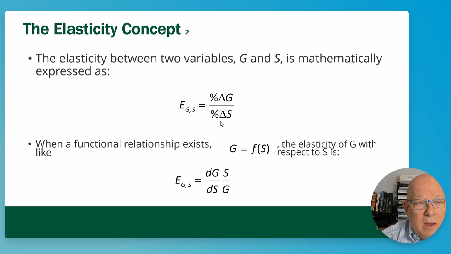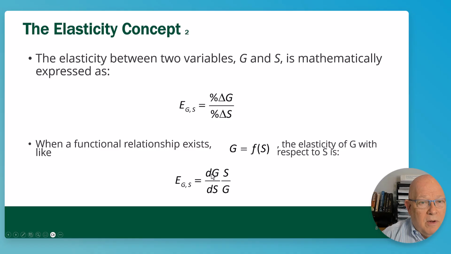We call that the arc elasticity. But mathematically, given the formula, we should be able to determine what this elasticity measure should be. And so basically the formula is that elasticity of G relative to S should be the derivative of G relative to S. So remember, that's the slope of the line.